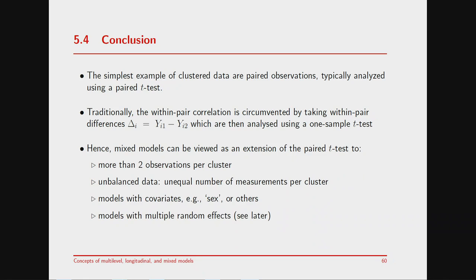So, to conclude here, obviously, the most simple example of a mixed model is a paired t-test. But that's only for a situation where you have a longitudinal study or a repeated measure study or cluster data with only 2 observations per subject, per cluster.